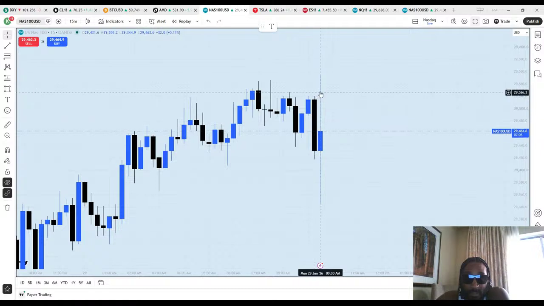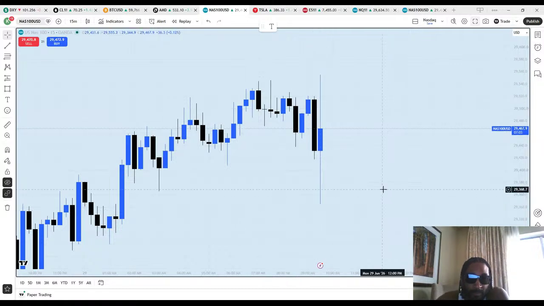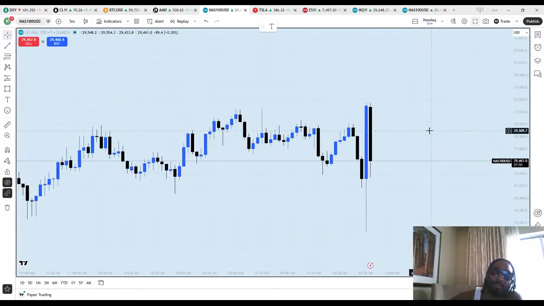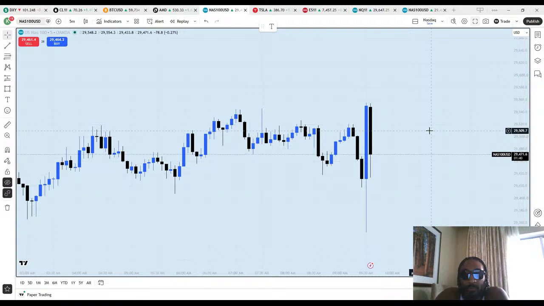If it does this again inside of the 15-minute window of opportunity, I'm not touching it. I will not touch it. We got a minute, 40 seconds left for this one to close.